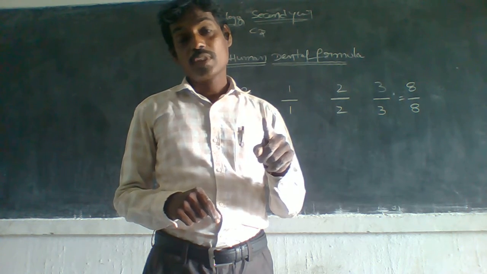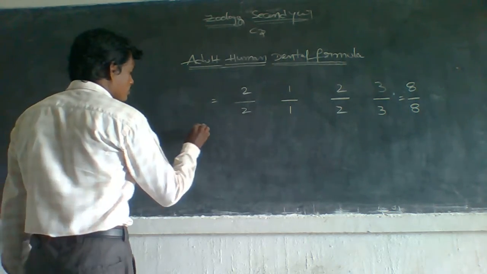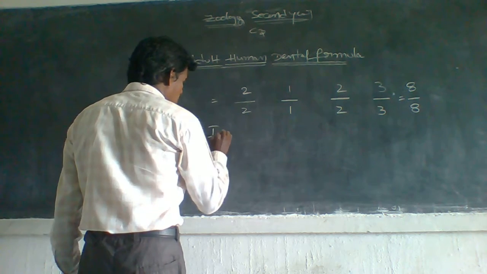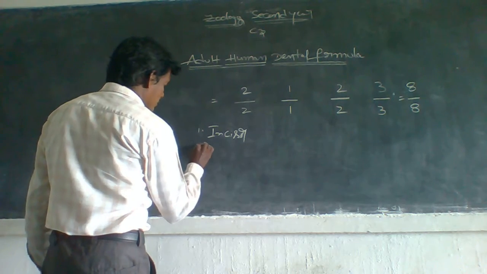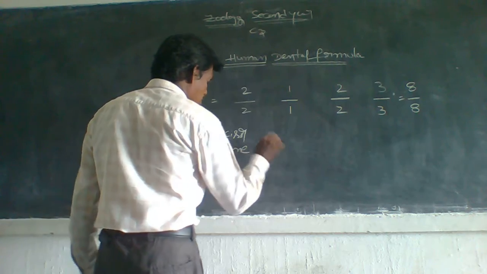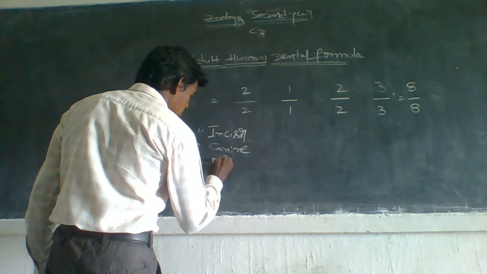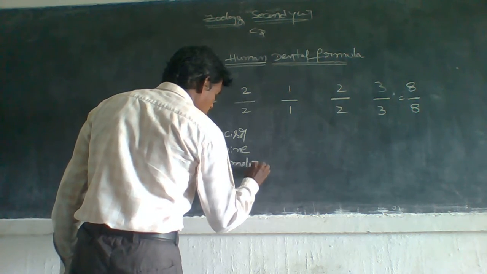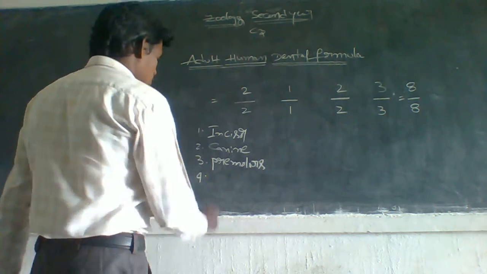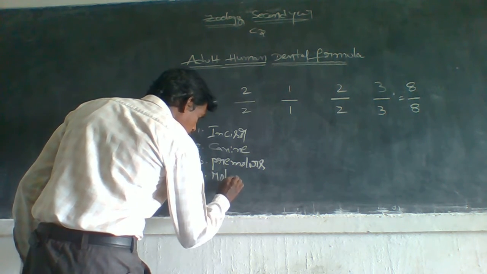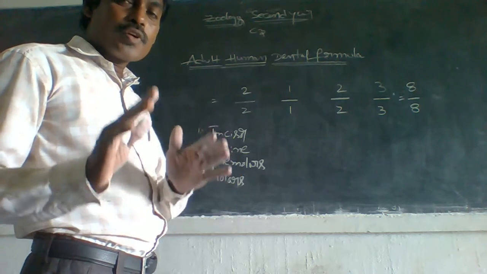Adult human beings have four types of teeth.